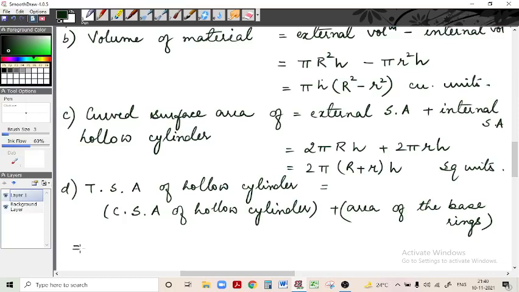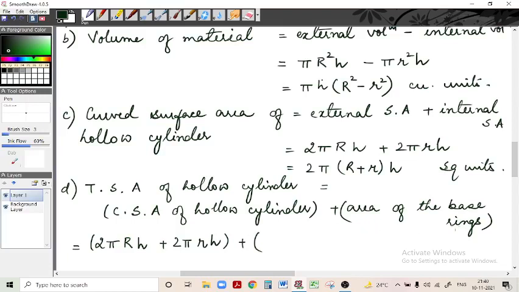Now curved surface area will be 2 pi R h plus 2 pi small r h, right? This is what our curved surface area was. Now plus area of the base.